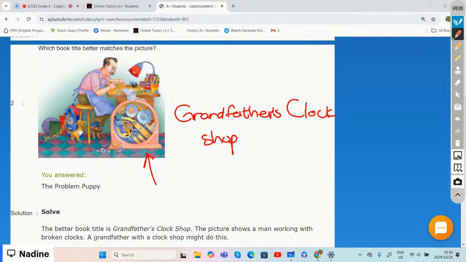That is basically what he does. So the better book title, by looking at the picture, we can say it is Grandfather's Clock Shop. Because there we can see a man working, and he's working with a broken clock. That is what I'm saying, he's either making a clock or he's fixing a clock.